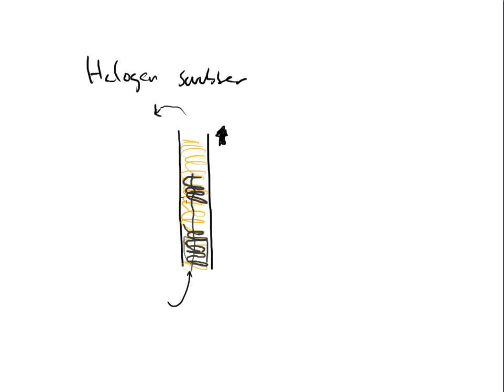So I'm going to see more of a darker area every single time that I use this scrubber when halogens are in the picture. So I want to remove the halogen scrubber and replace it with a new one before that black tarnish area makes its way up here at the top.